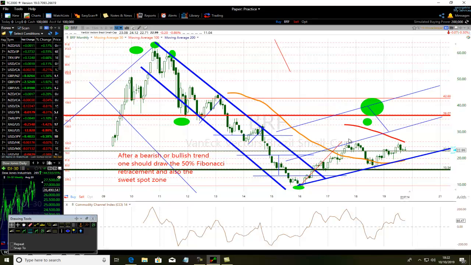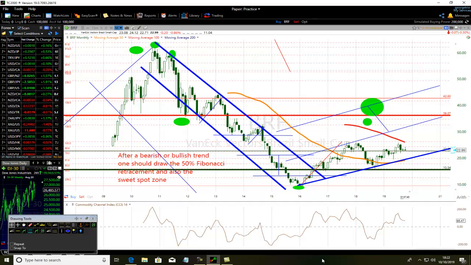And for the sweet spot zone trading, people love to buy in a 50% Fibonacci retracement zone, in a sweet spot zone after a bullish trend, they would like to sell there, but they forget all the time what I've said today. The channel and the trend line that I have drawn now, it's going on all the time, and you don't want to do that. That's all.